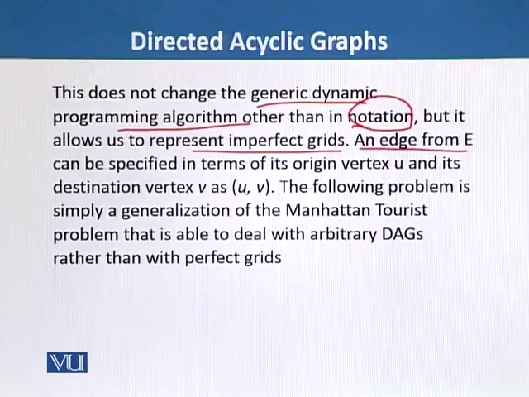So an edge from E can be specified in terms of its origin vertex U and its destination vertex V, as U and V. The following problem is simply a generalization of the Manhattan tourist problem that is able to deal with arbitrary DAGs rather than with perfect grids.